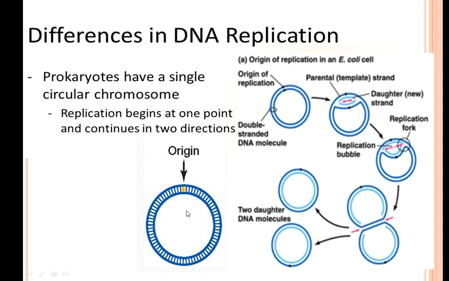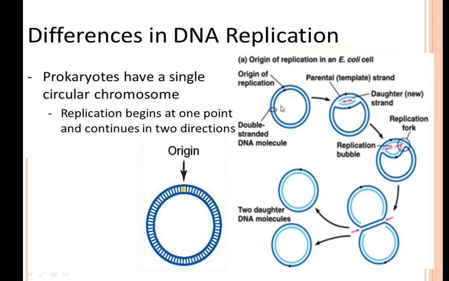Prokaryotes, for example E. coli, have a single circular molecule of DNA, which is much smaller in comparison to the single chromosome of a eukaryote. There is no beginning or end, so there is only one origin of replication.